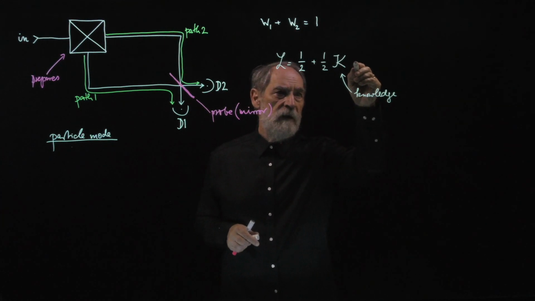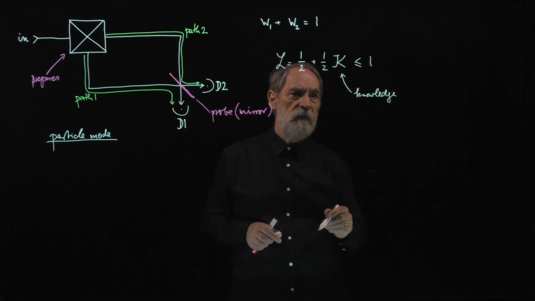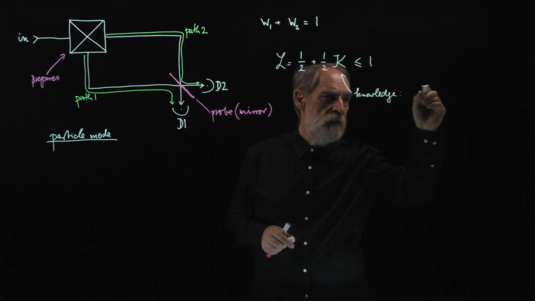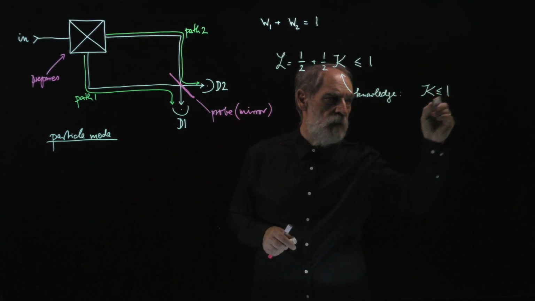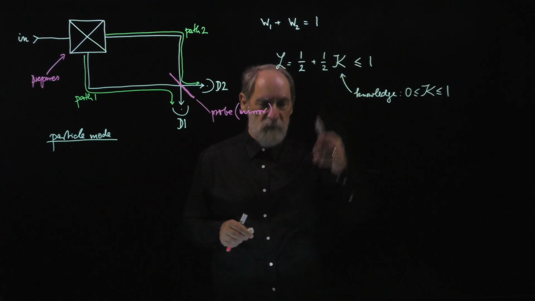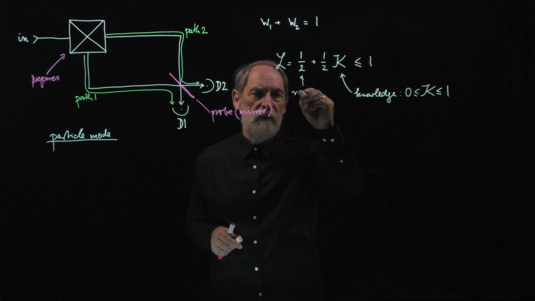And of course, the total likelihood cannot exceed 100%. So this is bounded from above by 1, and therefore the knowledge is a number that cannot exceed 1. And of course, it will be positive because it describes the excess over the 1/2 of the purely random guess.